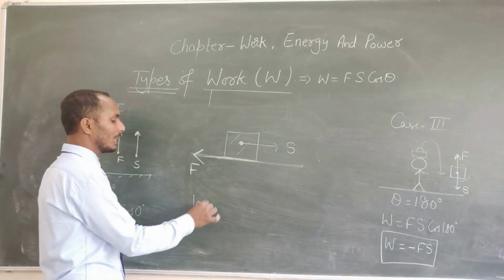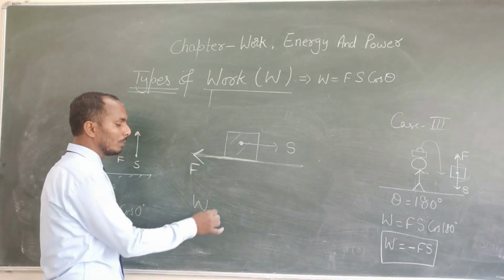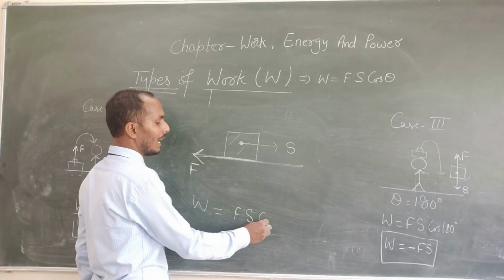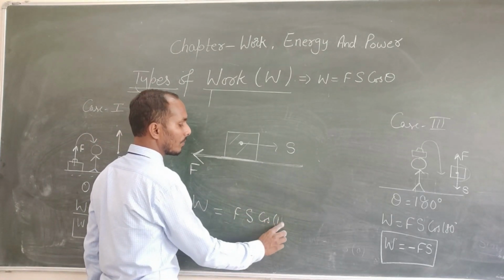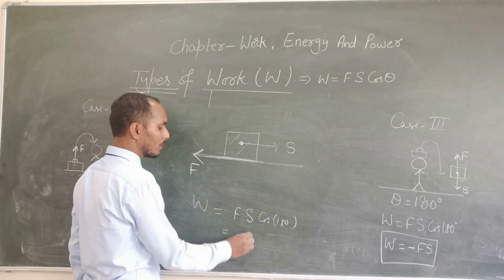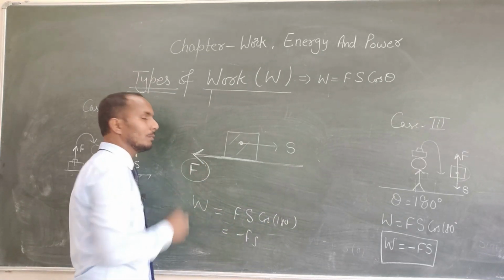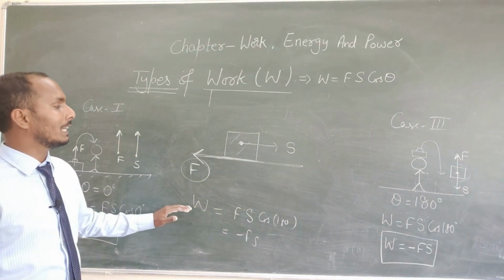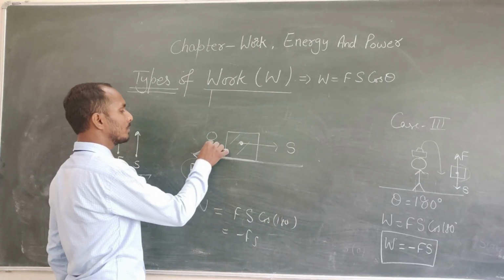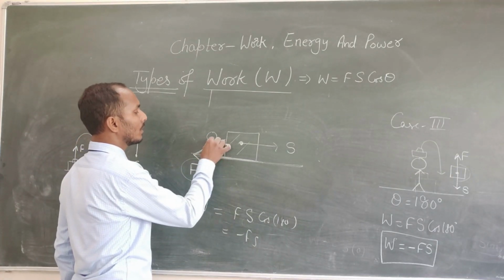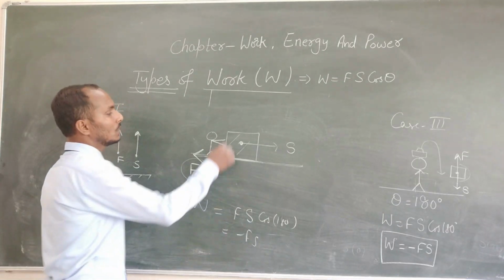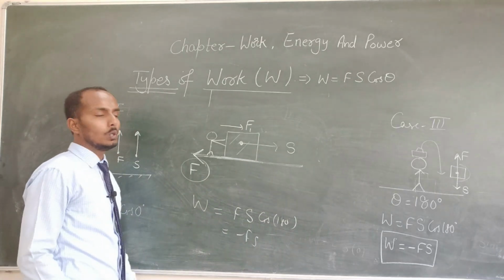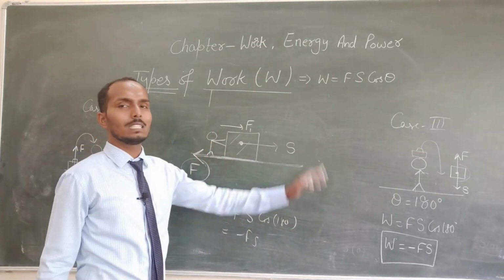So how much work is done by friction? It is Fs, and the angle is 180 degrees, so it becomes minus Fs. It means work done by friction is negative. But when you push it, you apply a force F1, and the body is displaced in the same direction.